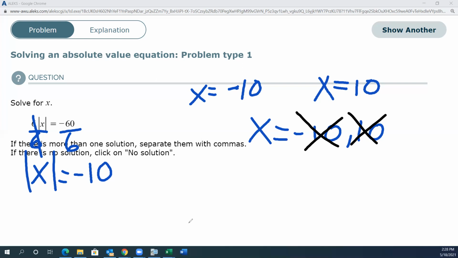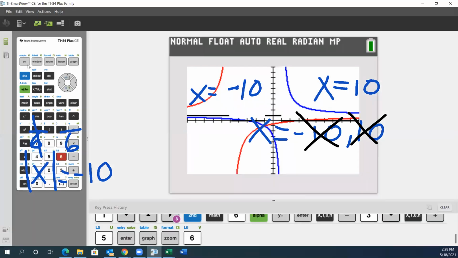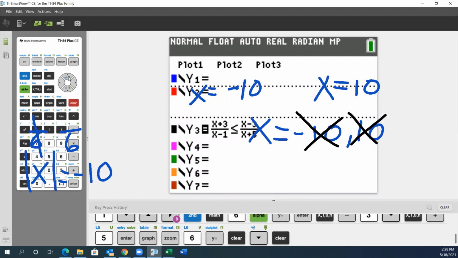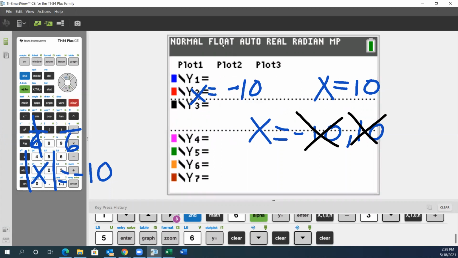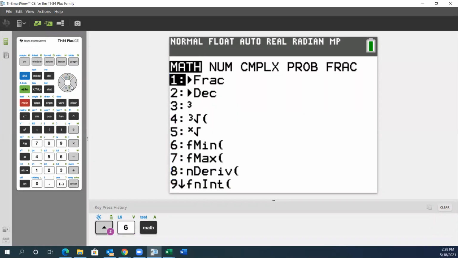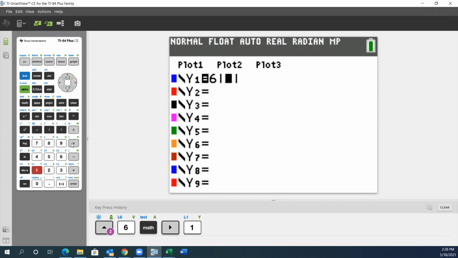And we could also check it on our calculator. So I'm going to go plug in the left side. Let's see, where are we at? Let me just pause this. And so the left side is 6 times math, right, 1 to get absolute value of x. And then the other side was -60.